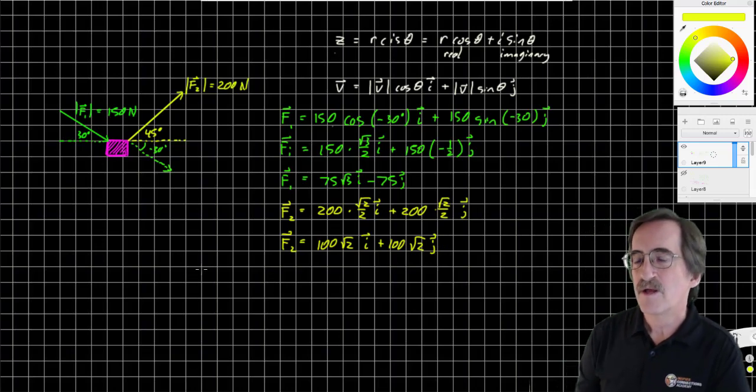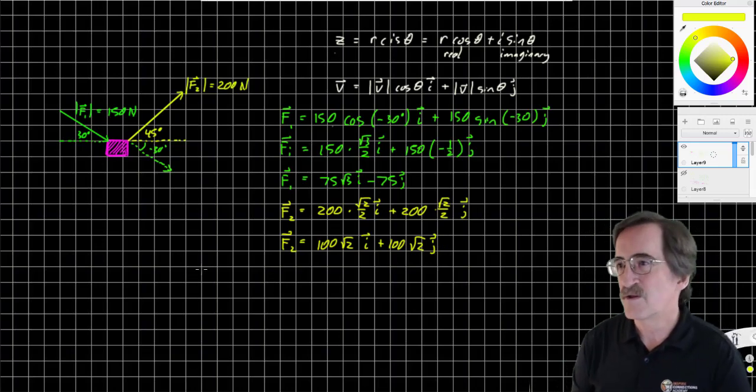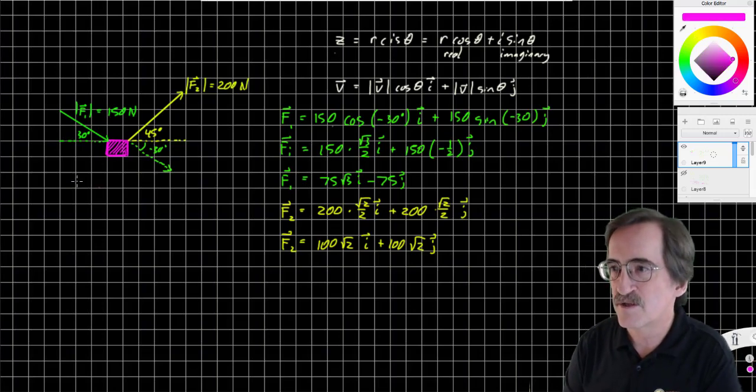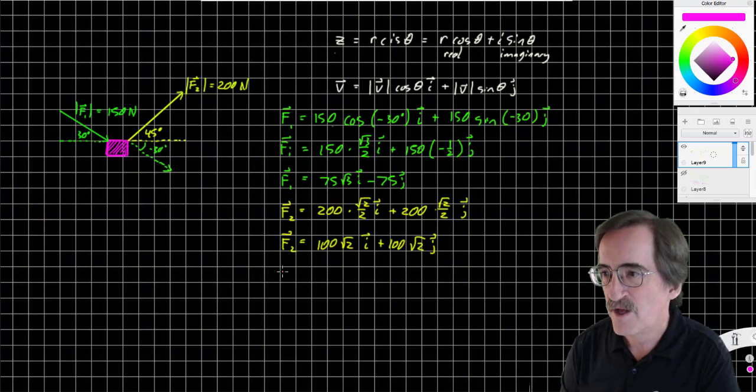Okay, and now once it's converted, the idea is we can find the resultant vector quite easily by addition. So F1 plus F2.